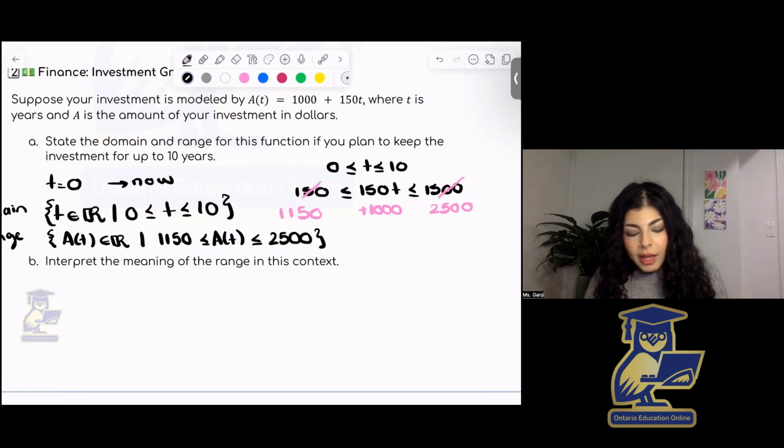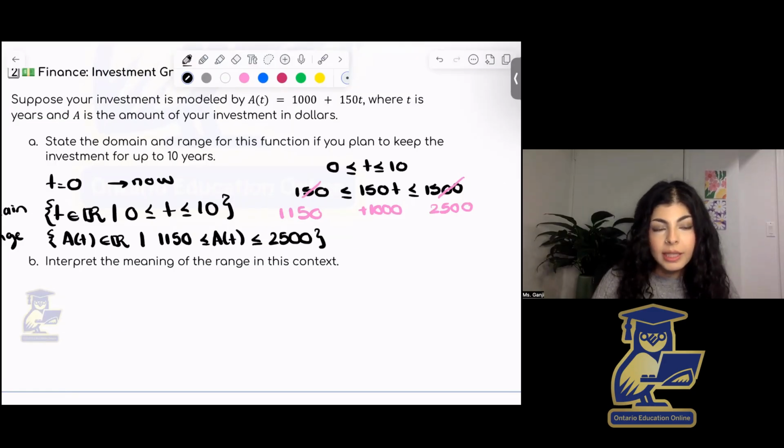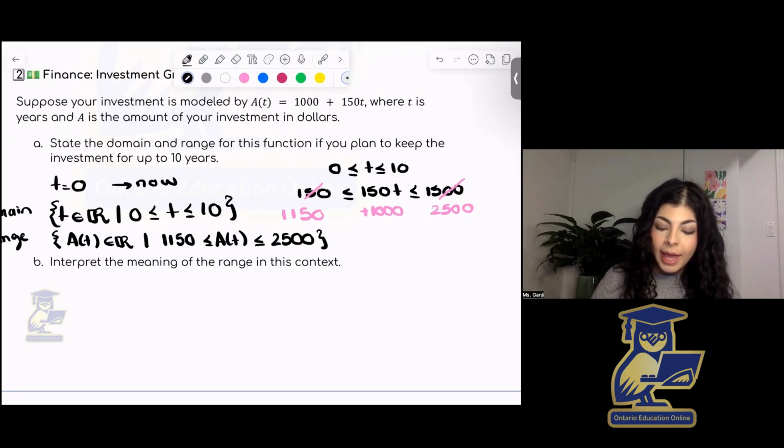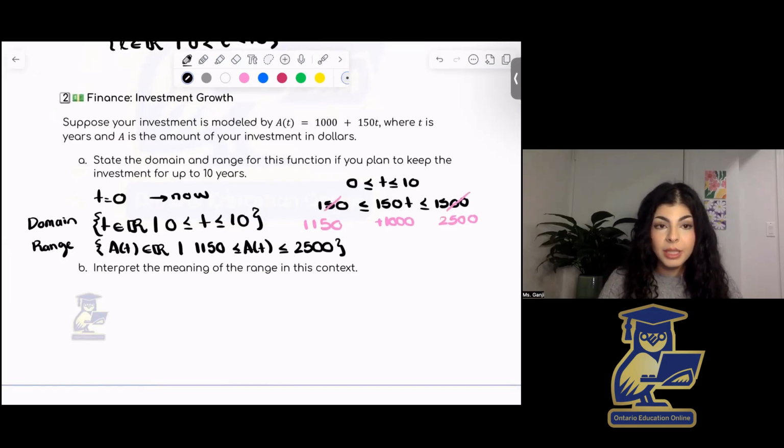And so interpret the meaning of the range in this context. For that, remember A of t was my investment. So that means that after 10 years, based on my investment, I can expect to have at the maximum range 2,500.